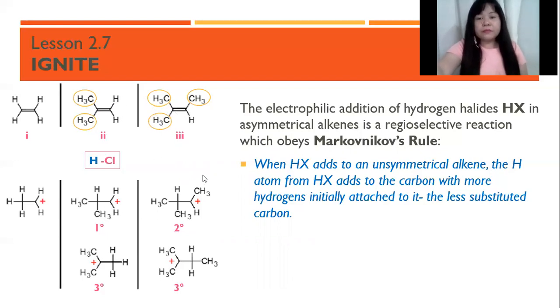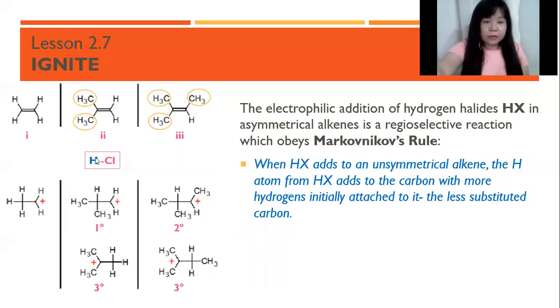So, as a rule, the electrophilic addition of hydrogen halides, HX, to asymmetrical alkenes is a regioselective reaction which obeys Markovnikov's rule. So Markovnikov's rule states that when HX adds to an asymmetrical alkene, the H atom from HX adds to the carbon with more hydrogens initially attached to it, or the less substituted carbon.